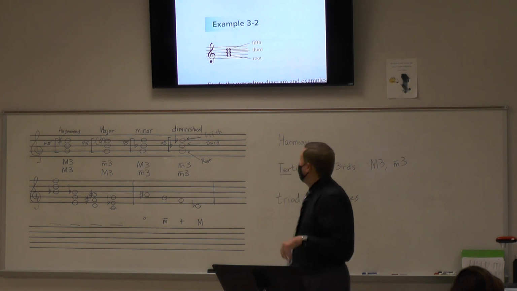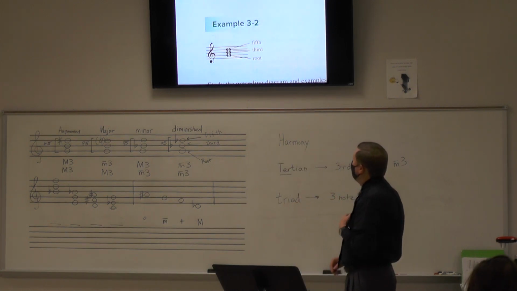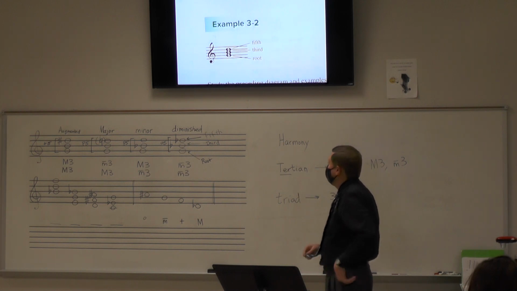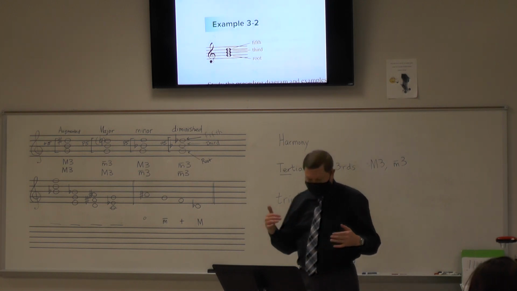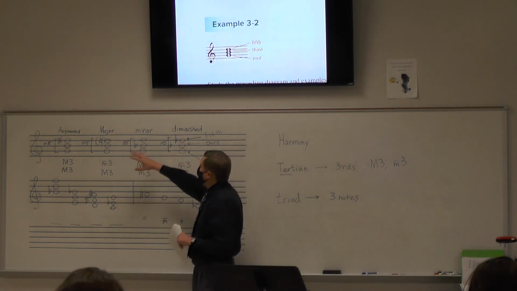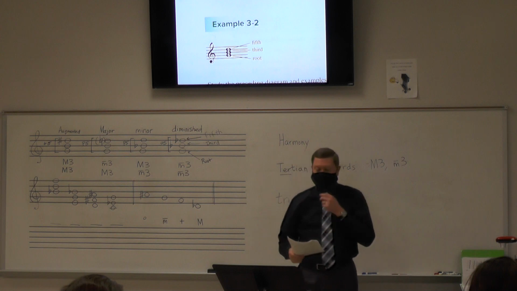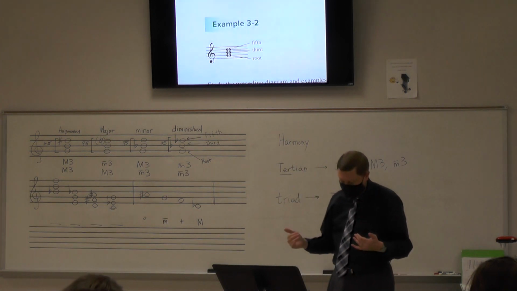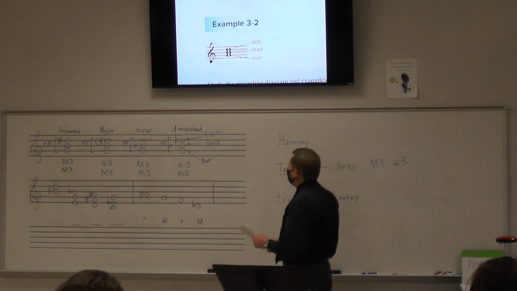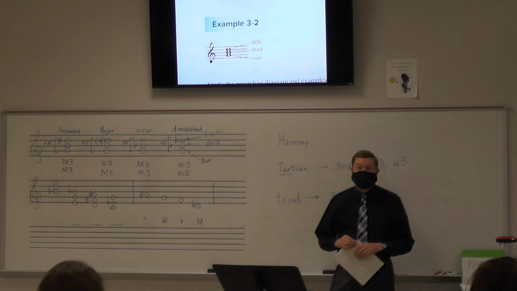Okay. Now, one thing I have not mentioned yet, and one thing that the book neglects to mention early on here, which I dislike, is how you name triads. Besides, yeah, we know that the triads are called augmented, major, minor, and diminished, but sometimes triads are referred to by other names. In fact, a triad is always named by the pitch of its root.